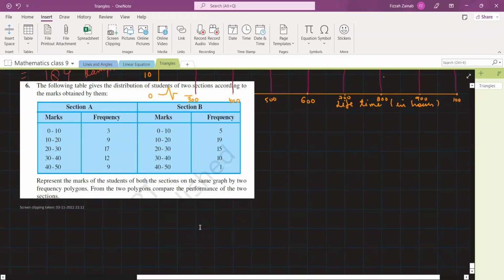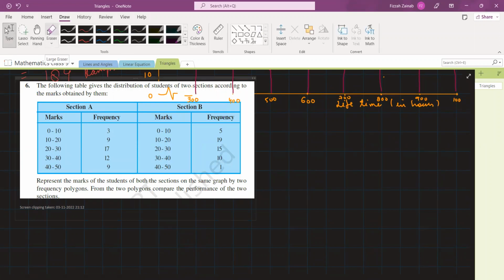The following table gives a distribution of students of two sections according to marks obtained by them. Represent the marks of the students of both the sections on the same graph by two frequency polygons. From the two polygons, compare the performance of the two sections. So for a frequency polygon, what you need, I told you, is class mark, right?